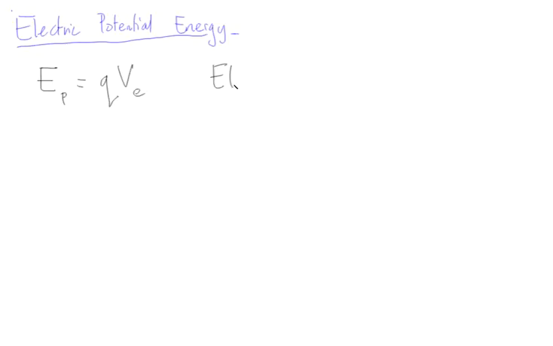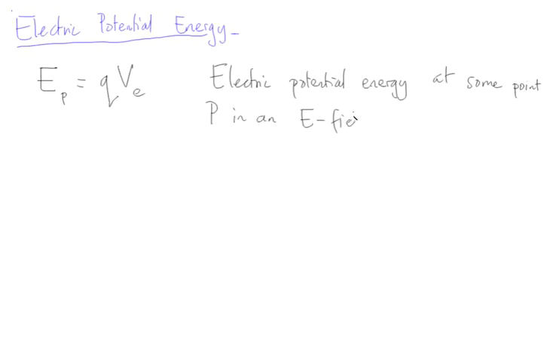So the electric potential energy at some point P in an electric field which has some electric potential is defined as this.